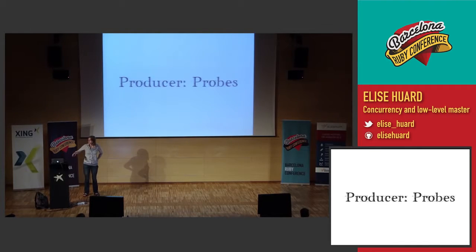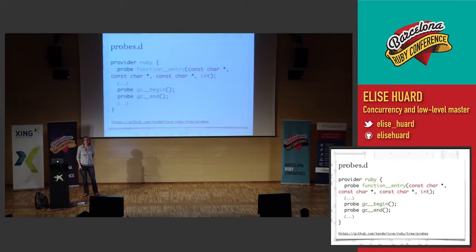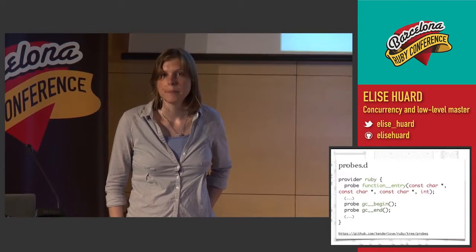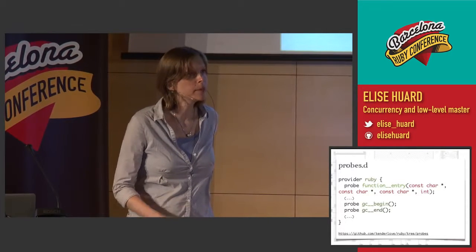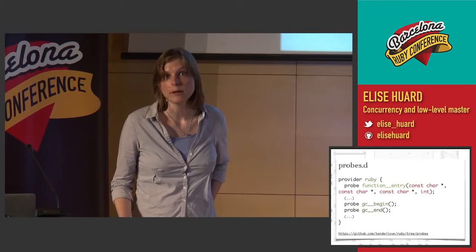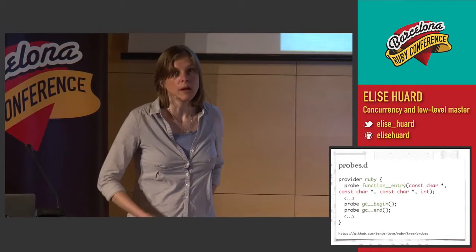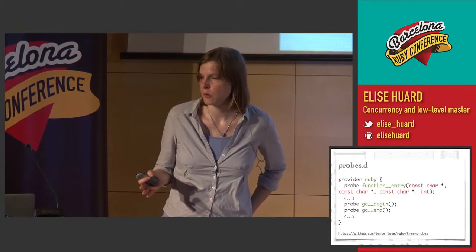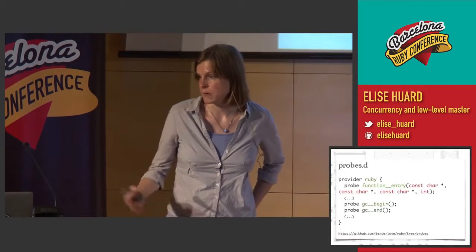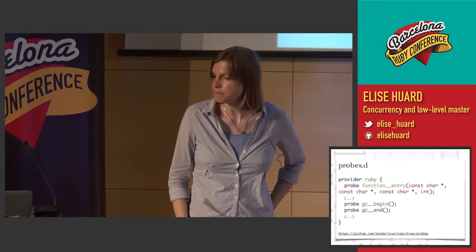And why am I talking about this? Well, Aaron Patterson has been working on introducing probes into Ruby. So normally, if everything goes right, in Ruby 2 there will be probes in the standard MRI Ruby.